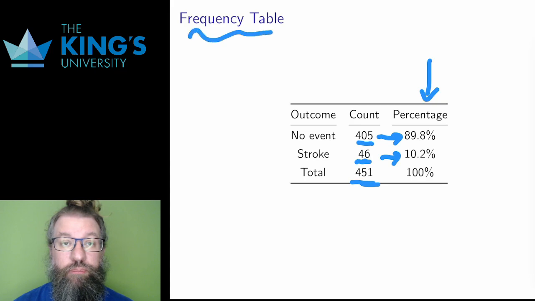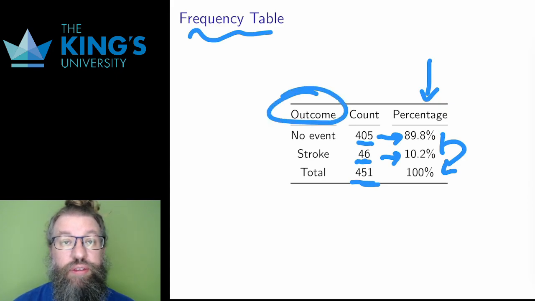Total count or percentage are two ways of recording the frequency of each category in a categorical variable. Again, the total should sum up to 100% to make sure all of the cases are accounted for. This summary tells us that strokes occurred roughly 10% of the time over this variable, which was the 30-day time period variable.